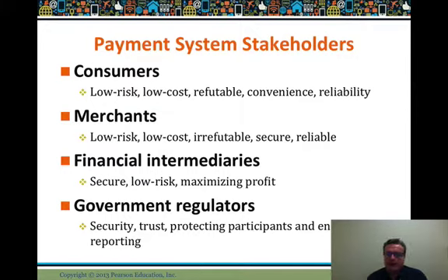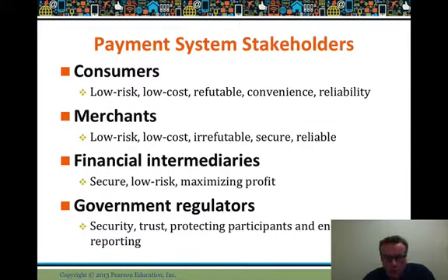Consumers want their transactions to be refutable, so they are not exposed if, in fact, someone uses their account, hacks their account, steals their identity. They want to have the ability to refute that purchase, and that's available through Regulation Z. Up to a maximum of $50 is what the customer is liable for. They want convenience, they want reliability, they want to be able to pay when they need to.